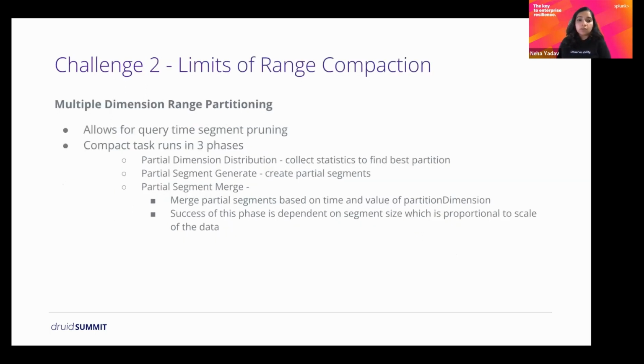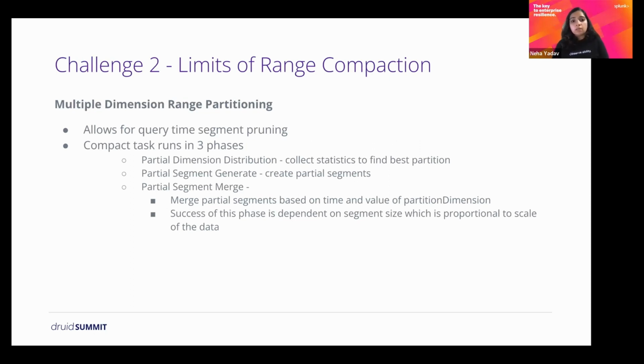The next challenge that we ran into was mostly because of the scale of the data that we are ingesting, and how range compaction works around that amount of data. So let's talk about multiple dimension range partitioning a little bit.